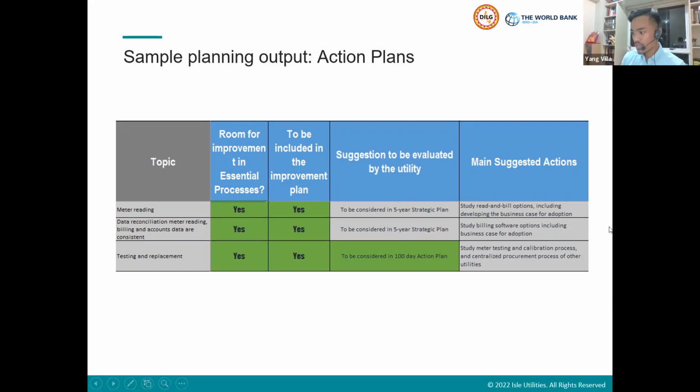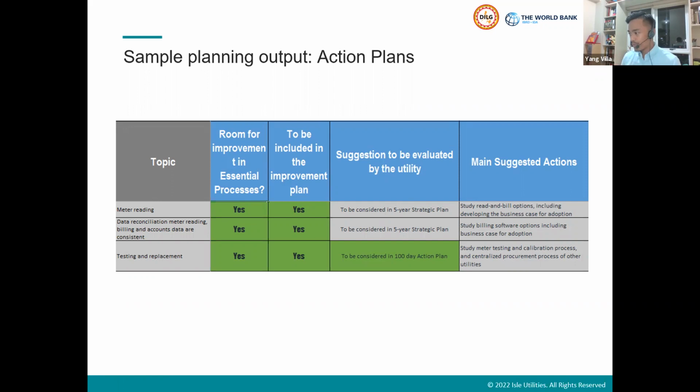The examples I show here are on the topics of meter reading, data reconciliation of the meter and billing accounts, and testing and replacement of meters. As we all know, metering is an essential part of commercial and technical operations and contributes to things like commercial NRW and customer service even.